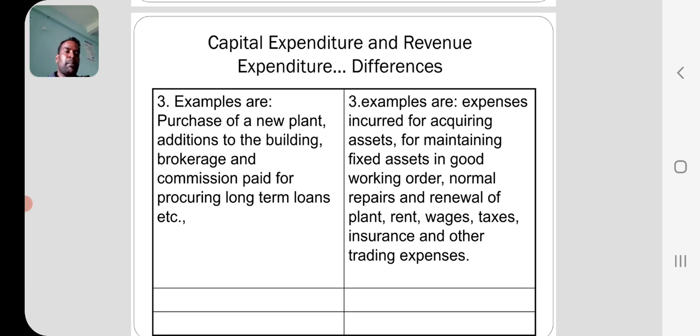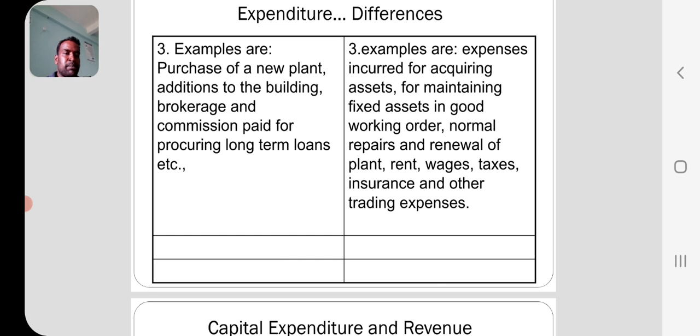Examples of capital expenditure: purchase of a new plant, additions to the building, brokerage and commission paid for procuring long-term loans, etc.